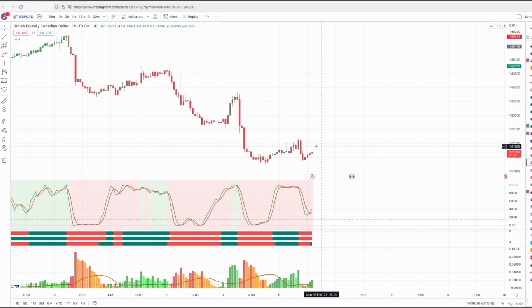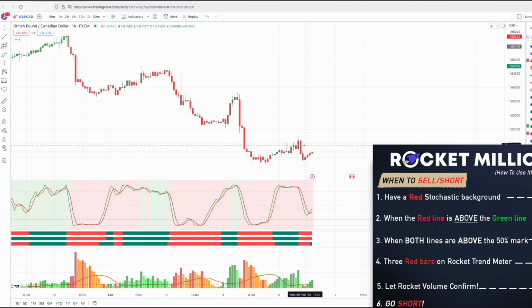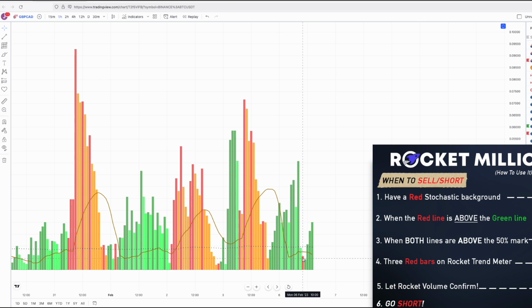Now look, the rules seem to be repeating themselves here again as well, but guess what? There's one rule that's missing. Can you spot it? Yes, it has the red background. Yep, it's the red line over the green line like we know, and this is above the 50. We have 3 red bars, but guess what? There's no volume behind this move.